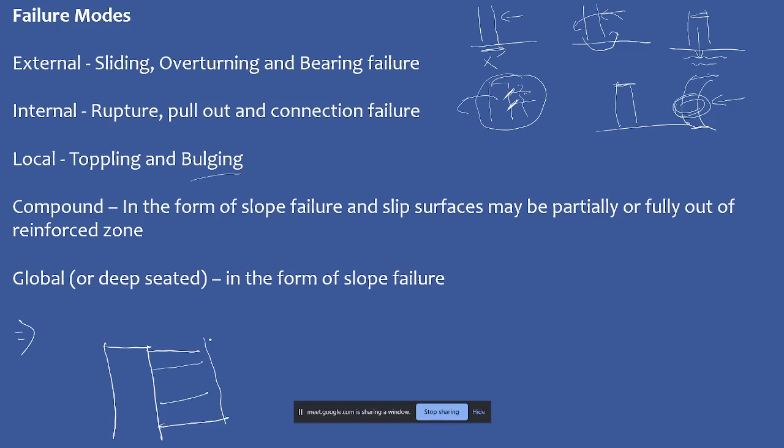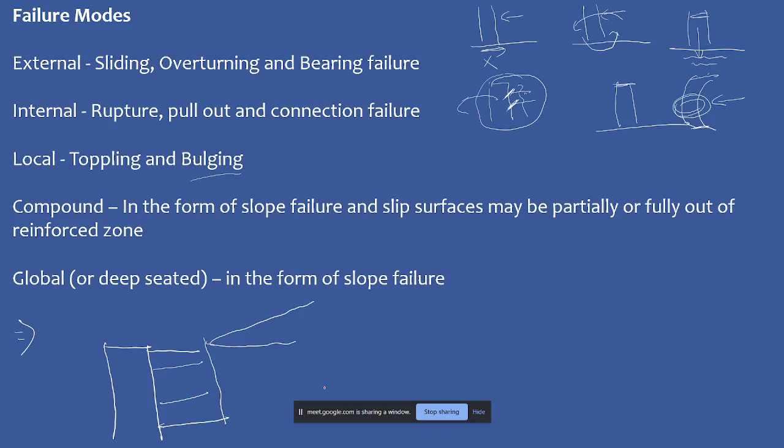So there may be chances like there will be some slip surfaces here. Let me draw it in the red. We know in the slope failures we are having the slip surfaces available here.